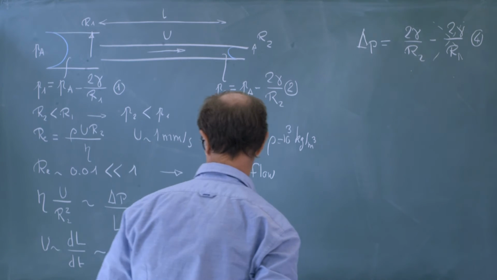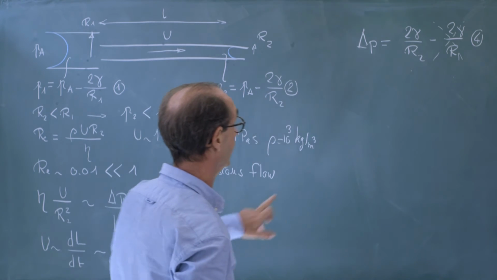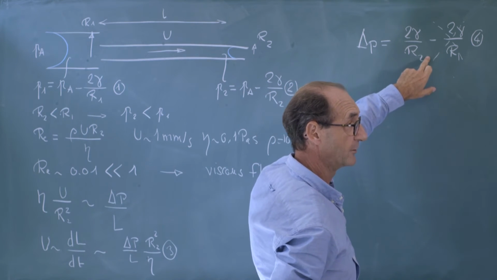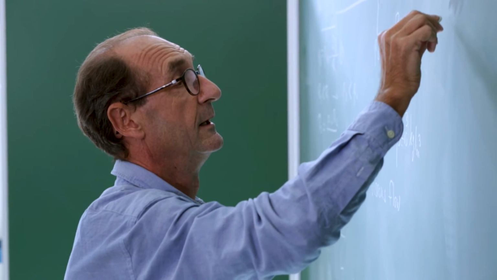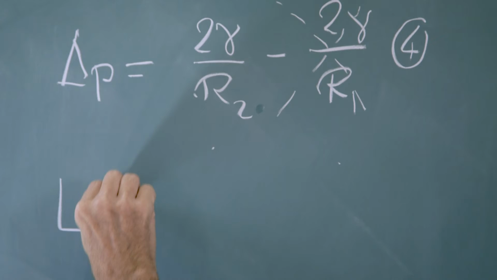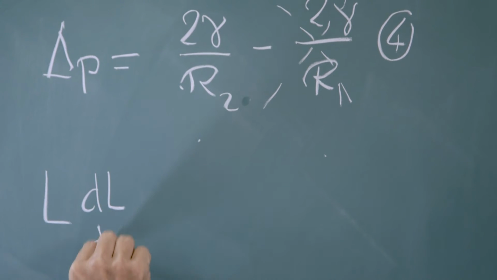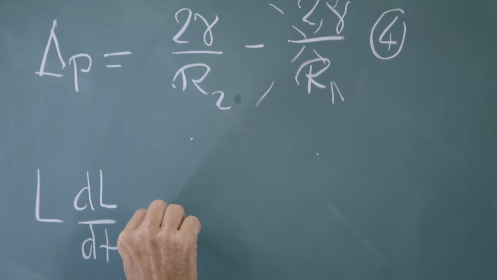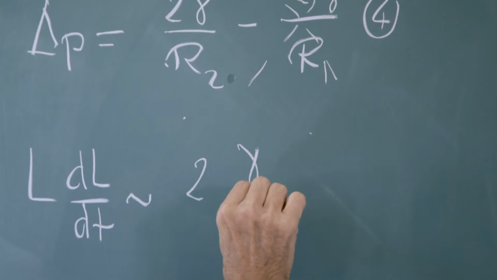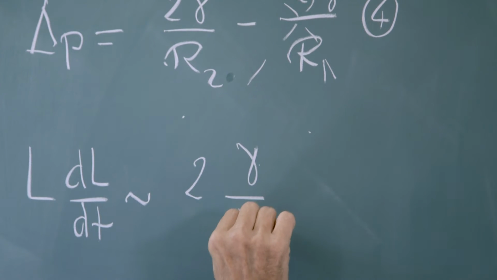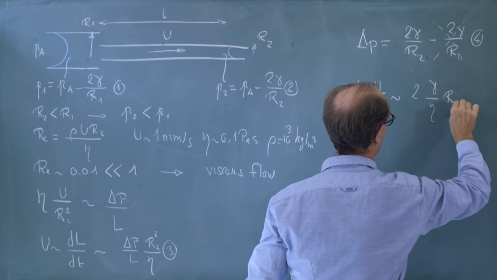Now if we combine this equation and this equation, we arrive at an equation for the length L, which is simply L multiplied by dL over dt, proportional to twice the ratio between gamma and eta, multiplied by the radius R2.